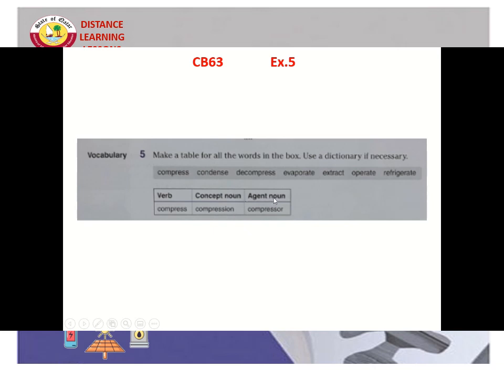And the last column is the agent noun. The agent noun is the doer of the action, usually ending in ER or OR. In our example here, we can say that a compressor compresses, and the concept is compression.